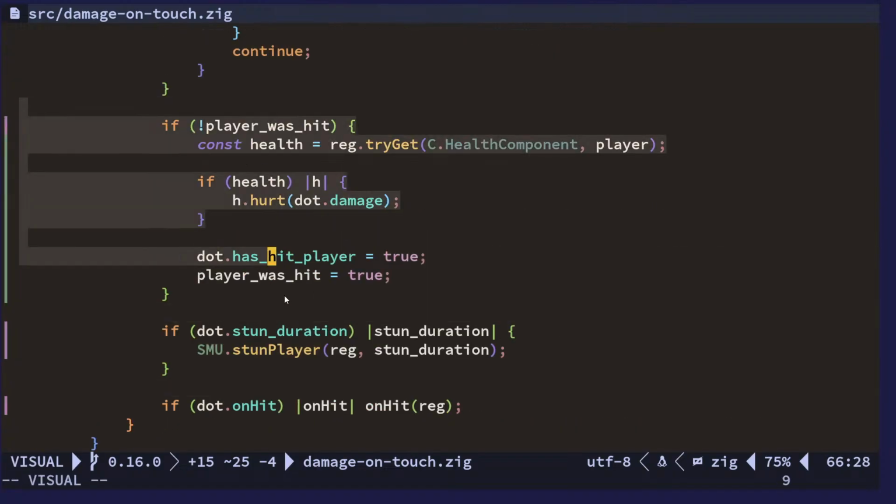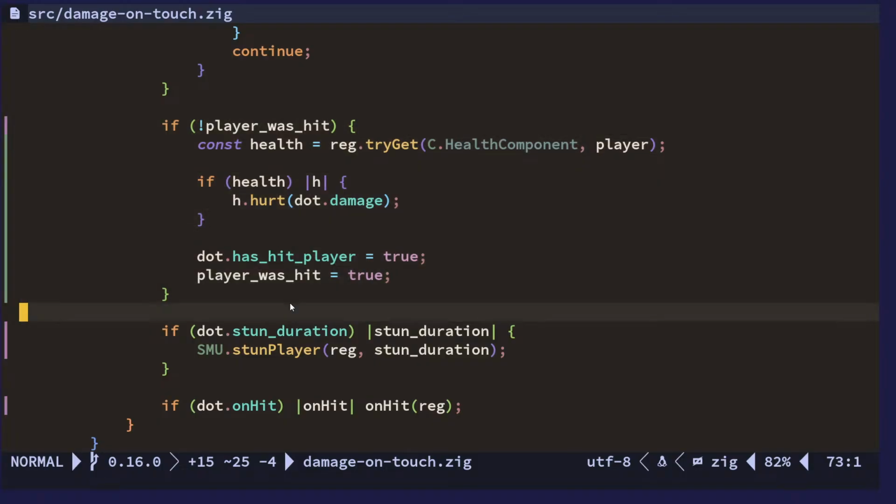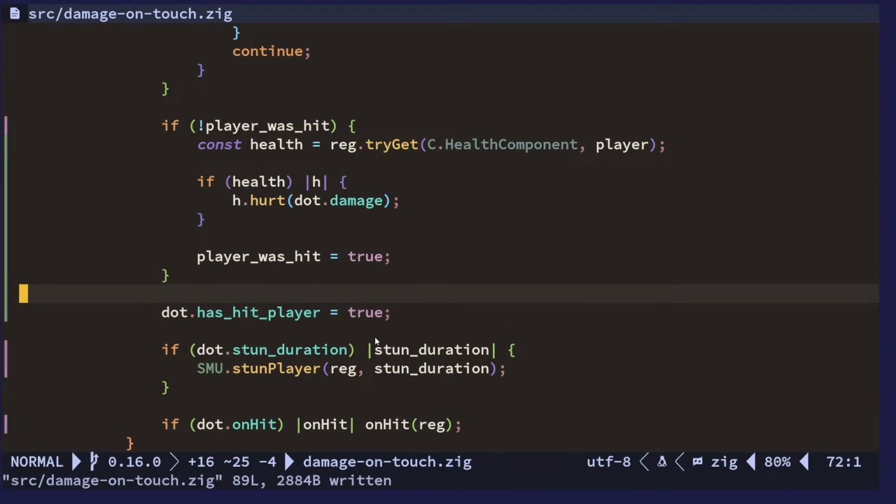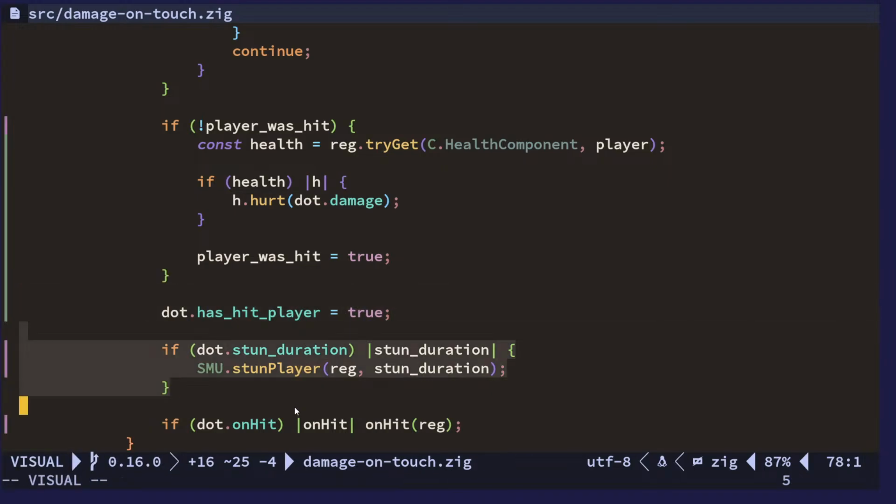So now the damage only happens once. We should also do this. But the stun is applied for all projectiles.